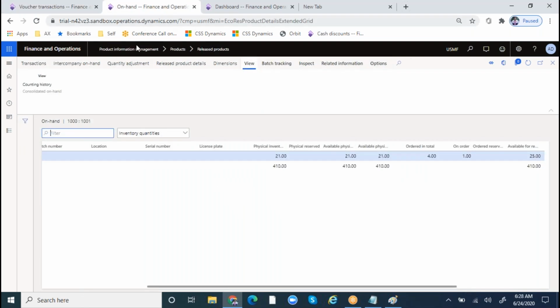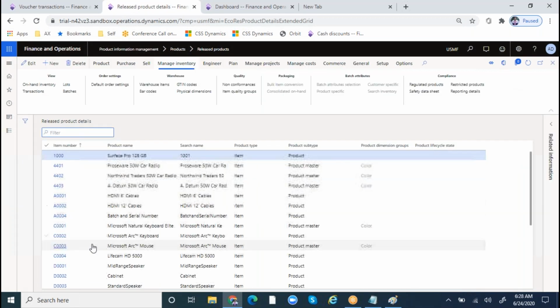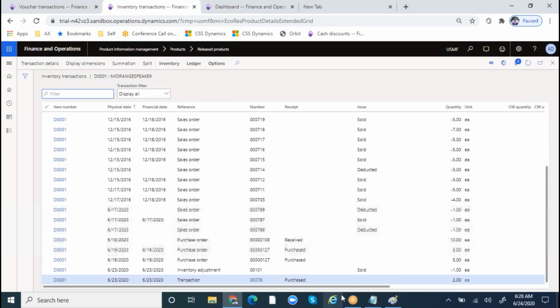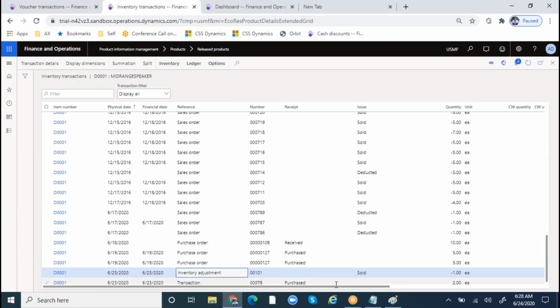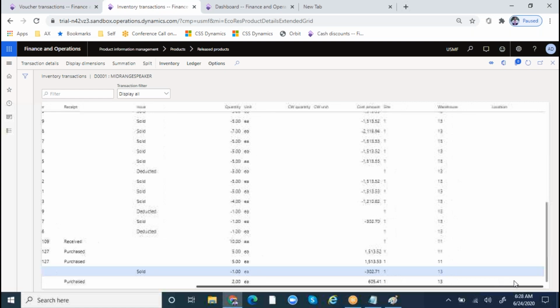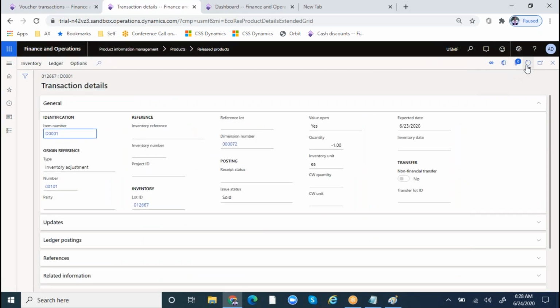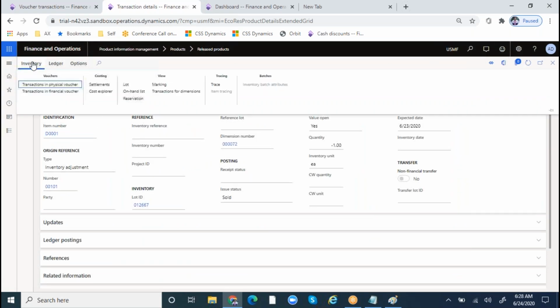Otherwise, you can come to on-hand transactions. You can see the transaction D001, whatever it is. Just now, whatever we have posted, for this one you can see the transactions very quickly. Just now we have posted one adjustment journal. For this also, you can click on transaction details and you can see the voucher. Physical voucher, financial voucher.